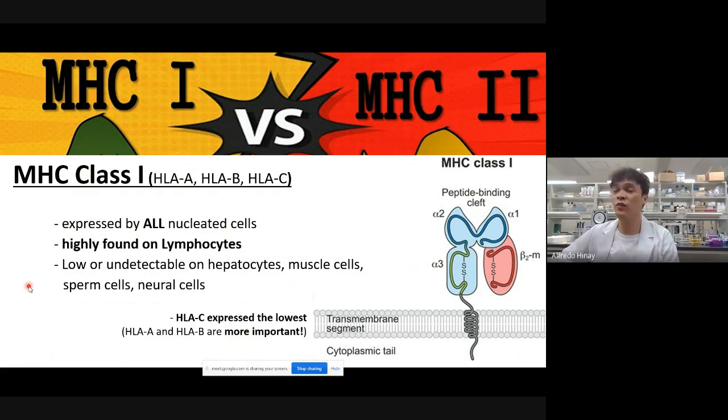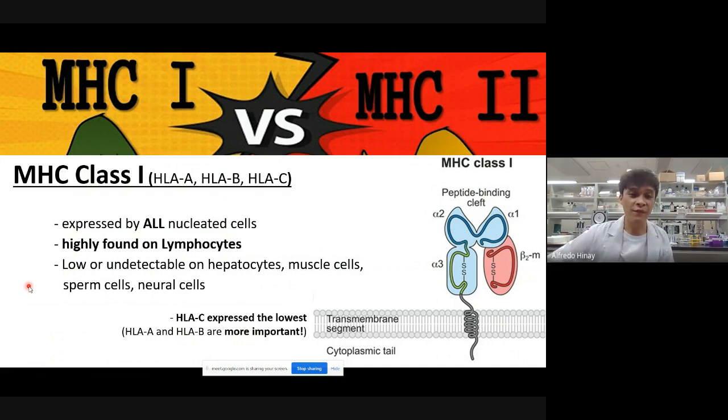The majority of the students, of course, will answer D because they think, RBC is unnucleated, and therefore they don't have class 1. But remember the RBC maturation series: on the first stage of your RBC, they are nucleated. And therefore, they have class 1 in their cell membrane. Okay, take note of that.